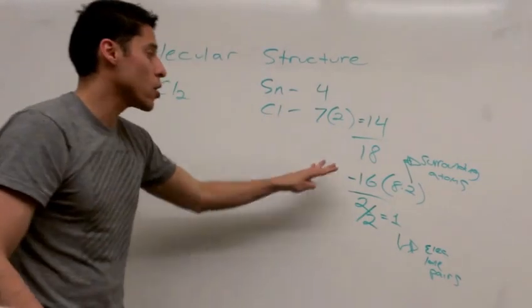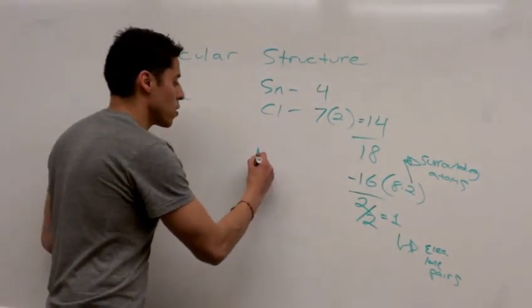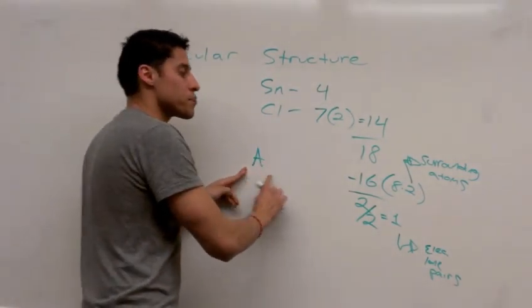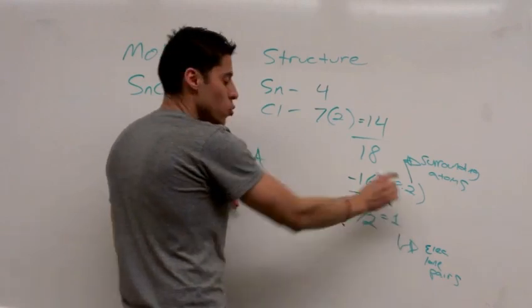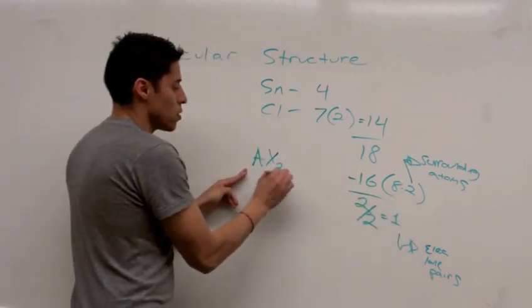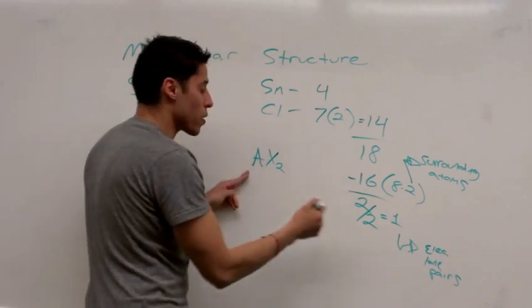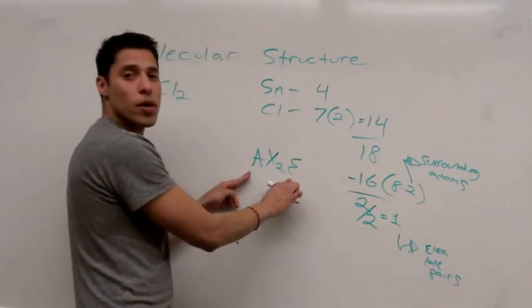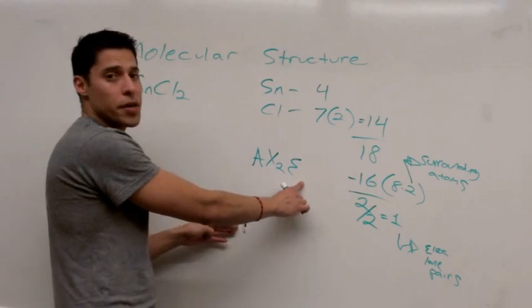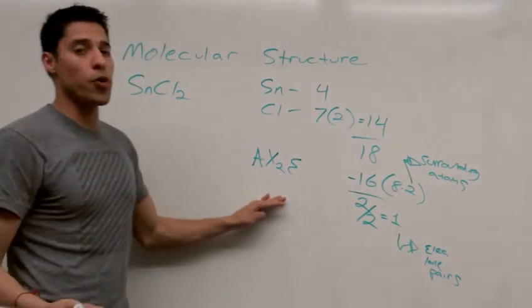So here we're going to have one central atom surrounded by 2 atoms and 1 electron lone pair. So just 1 E. So AX2E. So this is step 1.